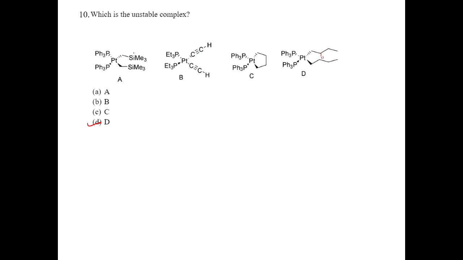And here also no beta hydrogen is present. But what can happen is that it can undergo reductive elimination, right? But reductive elimination only happens when the ligands are too crowded.